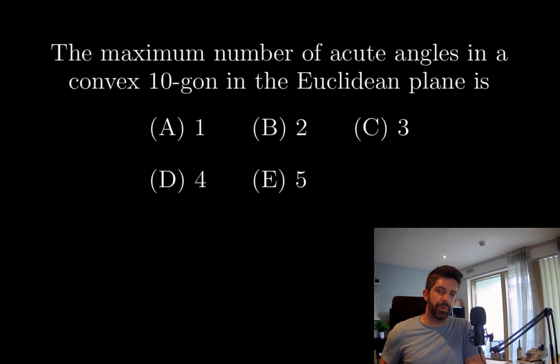The maximum number of acute angles in a convex tengon in the Euclidean plane is 1, 2, 3, 4, or 5.